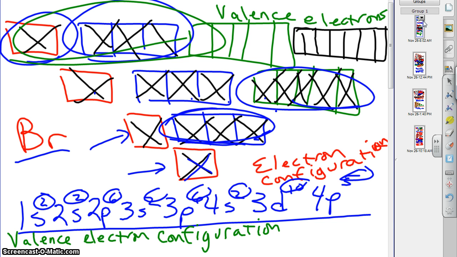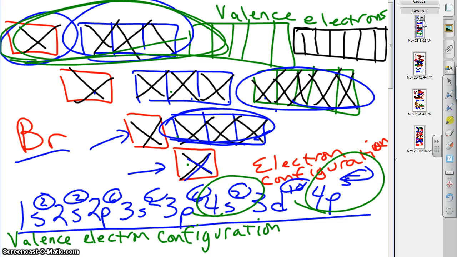So we could rewrite this whole thing only including valence electrons, which of course are the electrons on the 4th floor. Which ones are on the 4th floor? Just the highest electrons. These are on the 4th floor, and these are on the 4th floor, and so we would only include those: 4s2, 4p5. So that is the valence electron configuration.